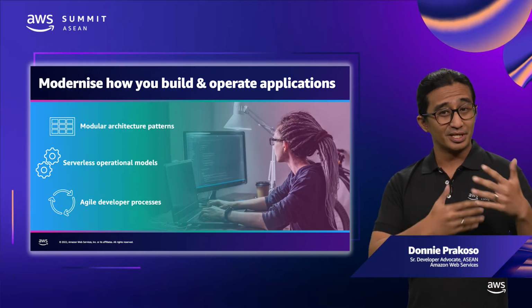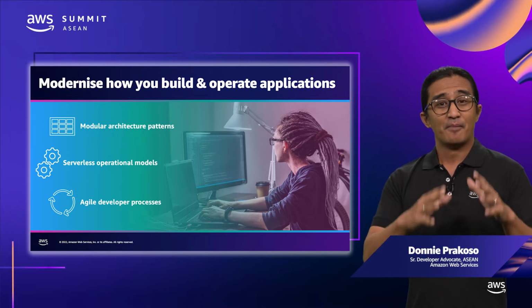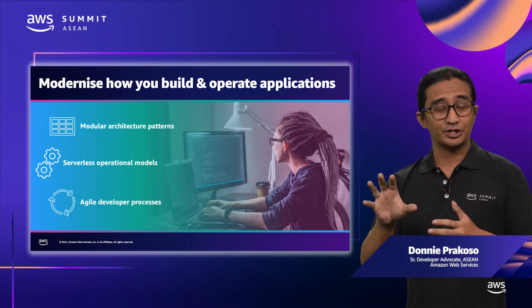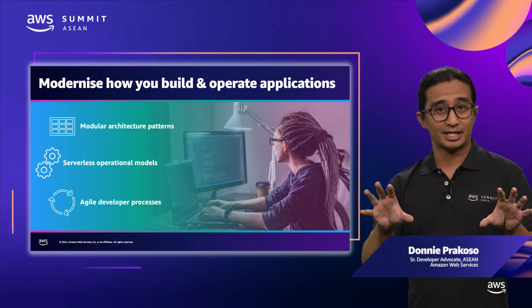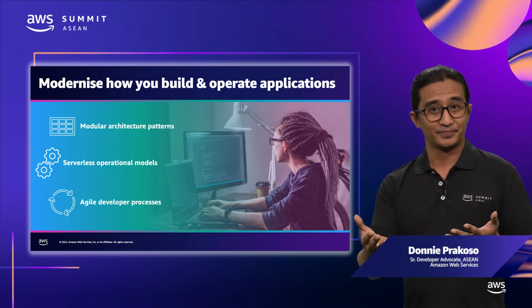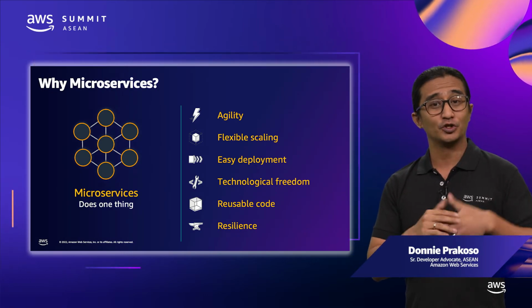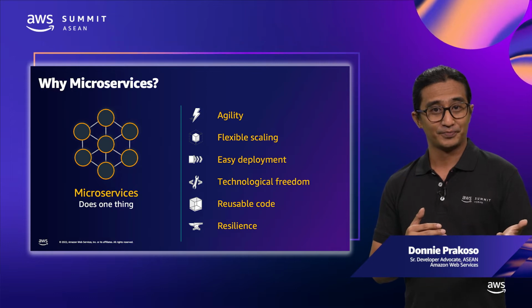Organizations need to modernize the way they build and operate applications. Modern applications are built with a combination of modular architecture patterns, serverless operational models, and agile developer processes. And that new business necessity led us on the journey to microservices architecture.